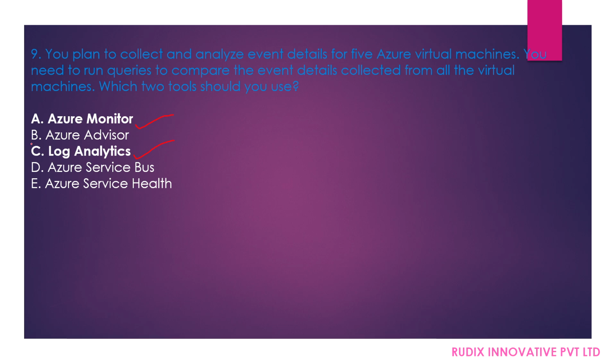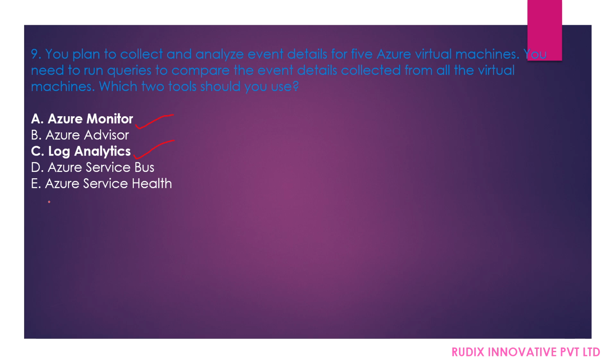So, why are B, D, E not correct? I will explain clearly. Options B, D are not directly related to collecting and analyzing event details from Azure virtual machines. Why option B? Azure Advisor provides recommendations for optimization of Azure resources based on best practices, performance, and efficiency, but it does not offer capabilities for querying the data.